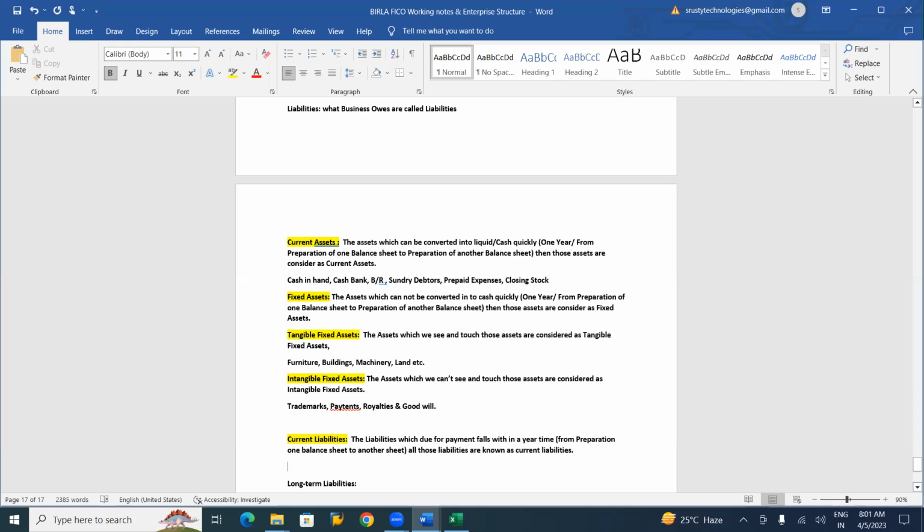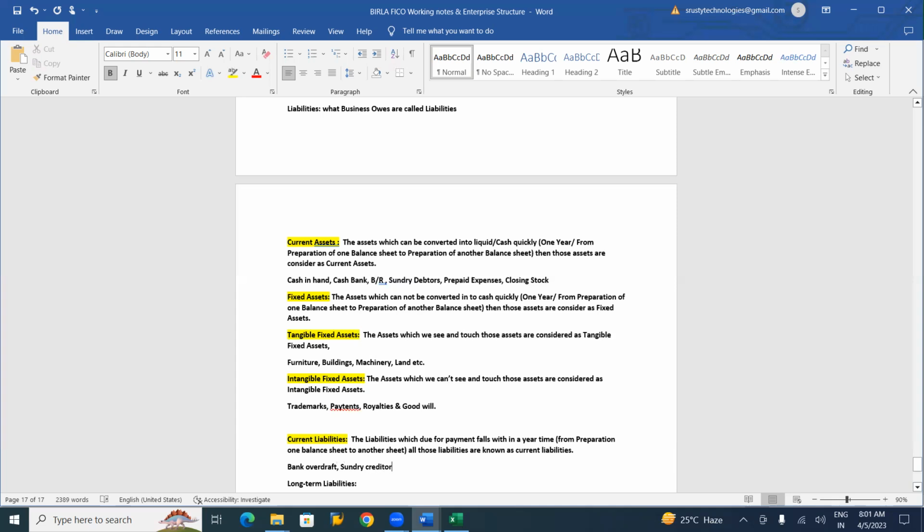The first current liability, the most urgent payment we need to make, is bank overdraft, nothing but your credit cards. Within 45 days, we need to repay it, right? So there's bank overdraft, then sundry creditors.